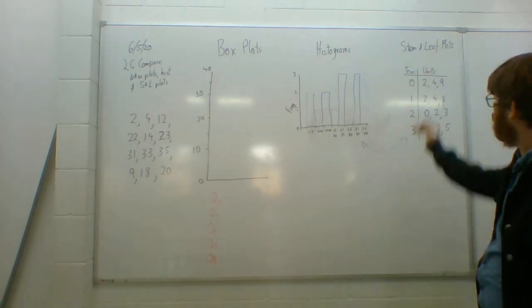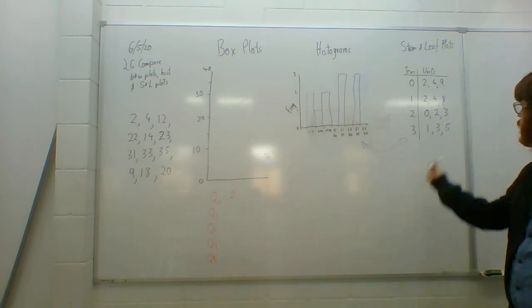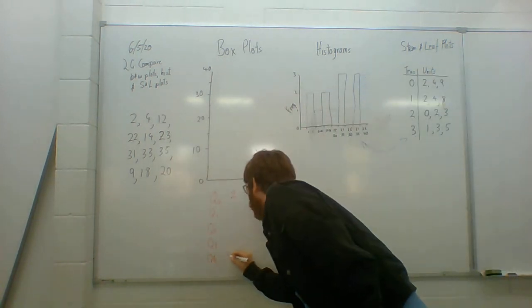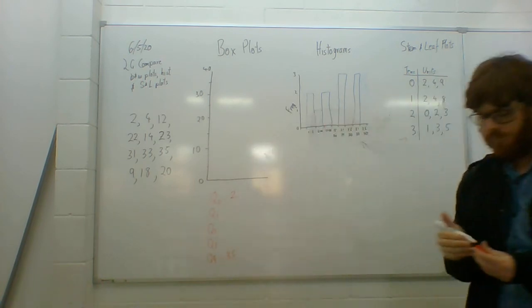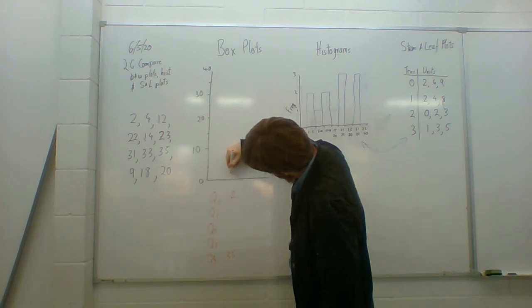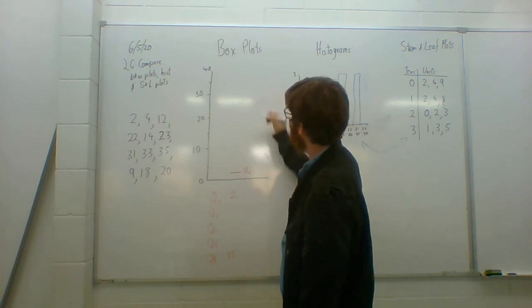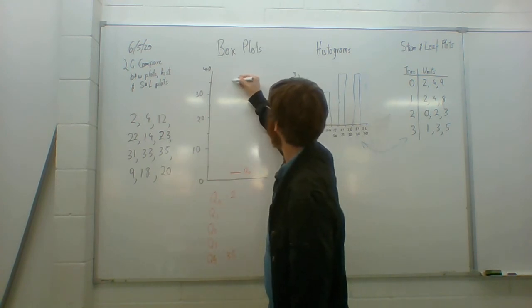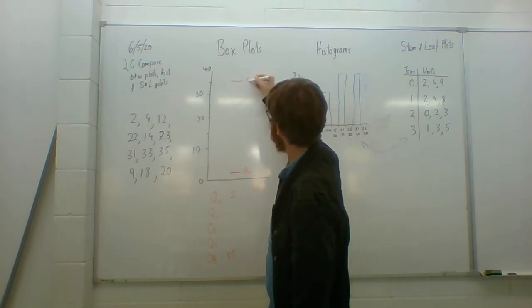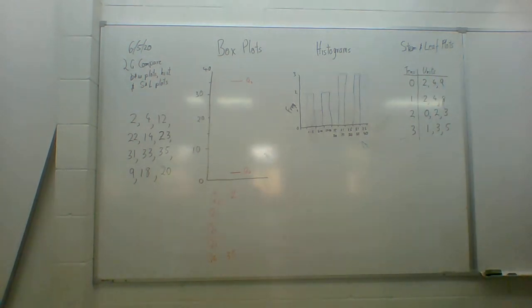Q0 is our smallest number, which is 2. Q4 is our biggest number, which is 35. Done. We can even put them in now. Q0 is going to be our bottom whisker, and Q4 is going to be our top whisker. So we've already got 2 of our 5 done.